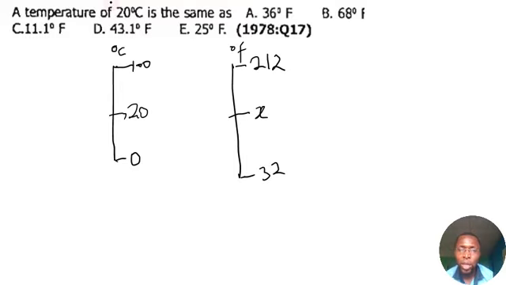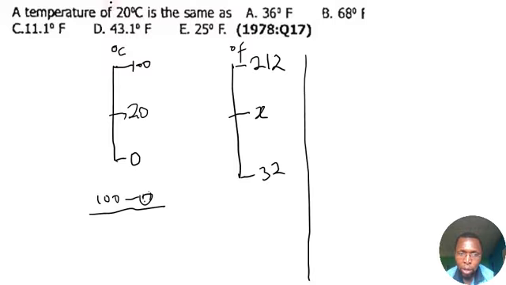We want to convert 20 degrees Celsius to degrees Fahrenheit. That is very simple. Let us split our page into two. You subtract 0 from 100. That's the formula: 100 minus 0, divided by, subtract 0 from 20 as well, that's 20 minus 0.